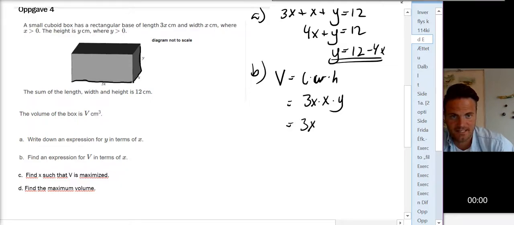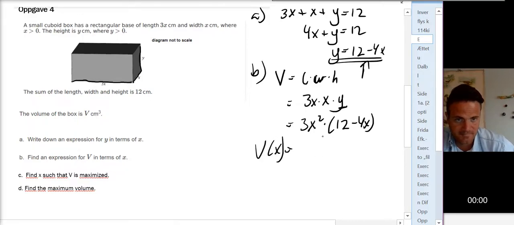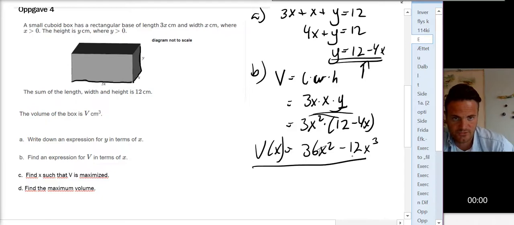I get 3x squared here, and then times y, but y is the same as 12 minus 4x, right? So then we have the volume expressed with x. So we get 36x squared, just multiply here, minus 12x to the power of 3. So that's the answer on exercise B.